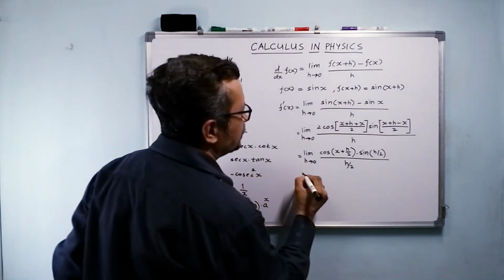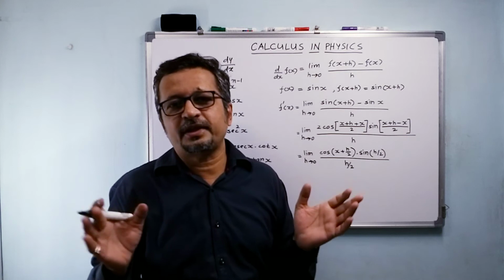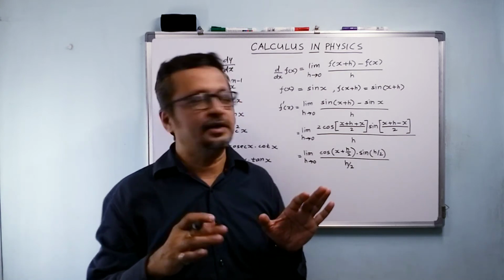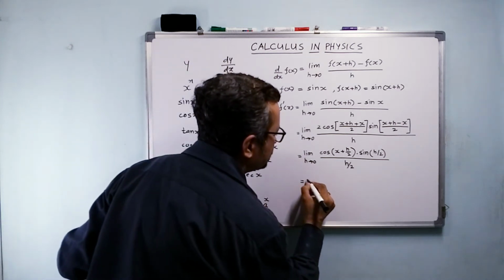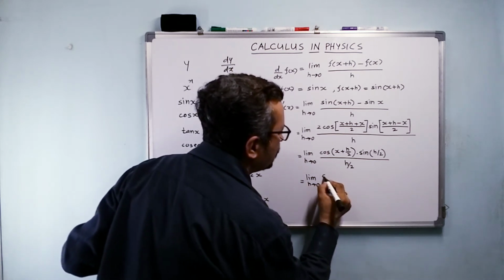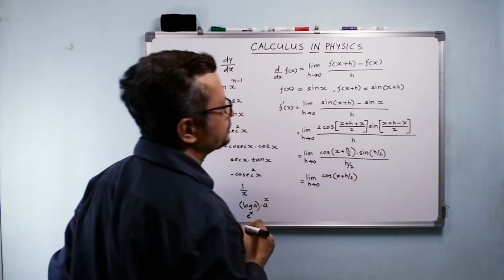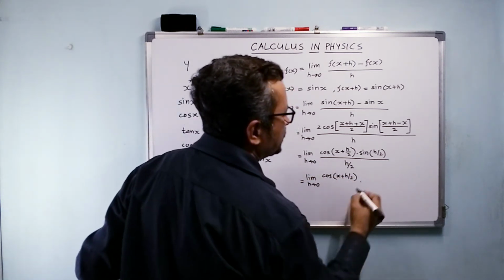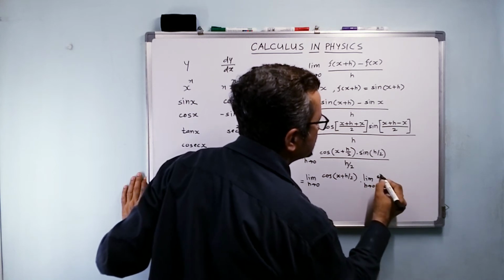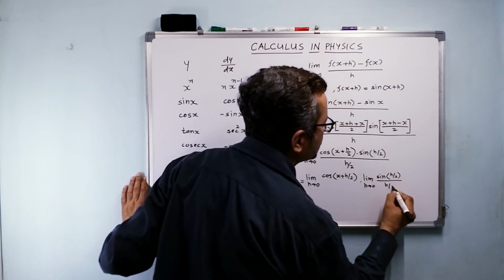Now see, there are certain rules of limits that I'm going to follow here. You have to follow me for this for the time being. So this is equal to limit as h tends to 0 cos of x plus h by 2 into limit as h tends to 0 sine of h by 2 upon h by 2.